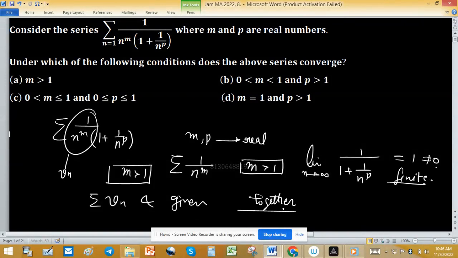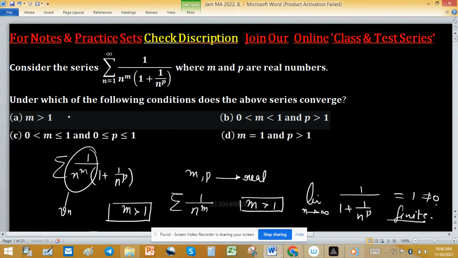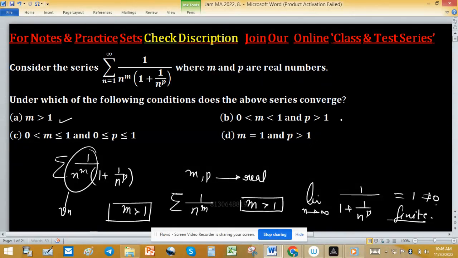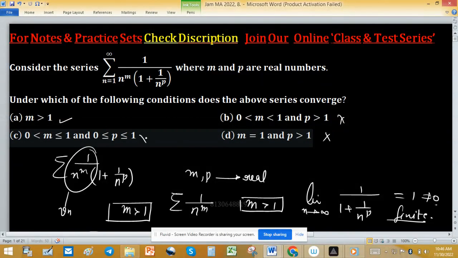They behave alike. As Vn is converging, this series is also converging for m greater than 1. That option is correct. And in the other options, as you can observe, m is not right for the p series test. That's why the other options are wrong.